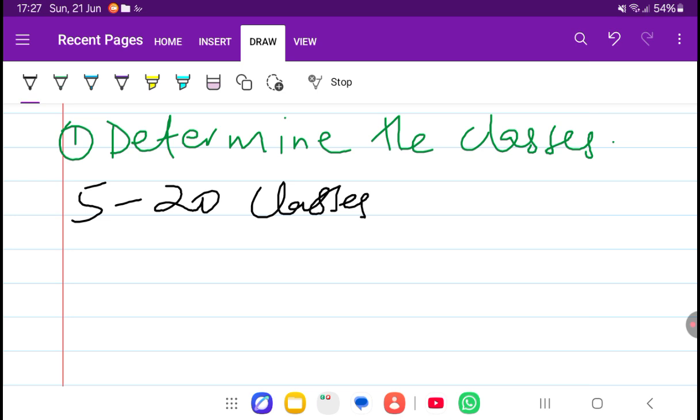And most of the times, the smallest number of a class is chosen for the smaller data set.